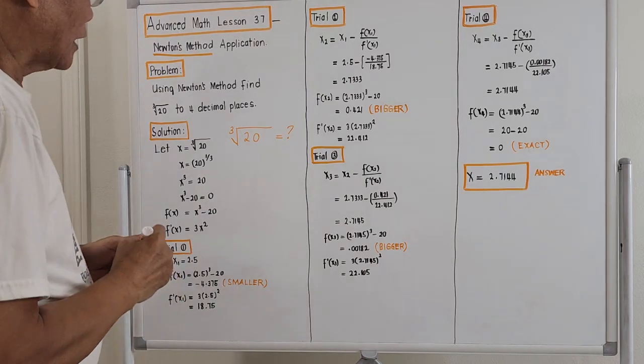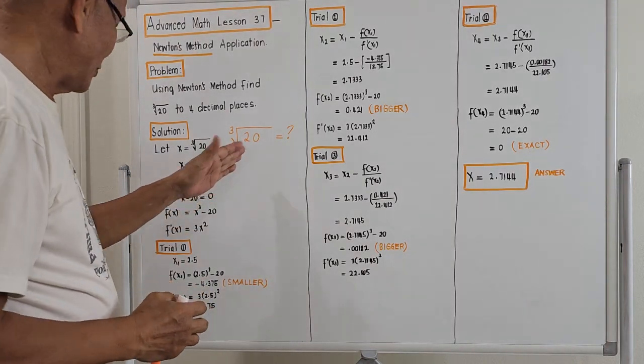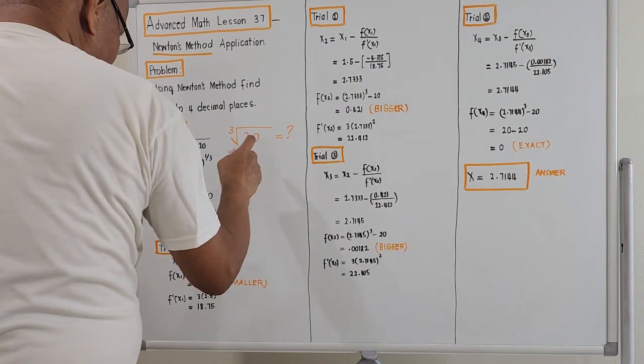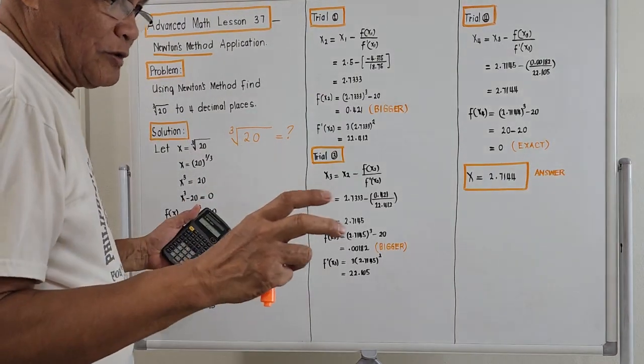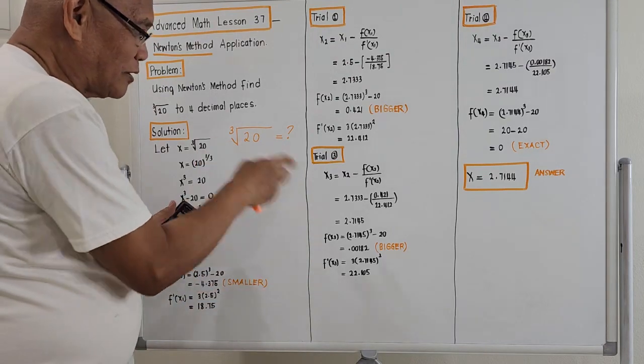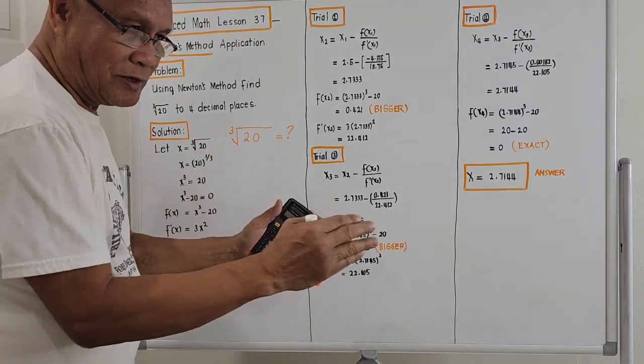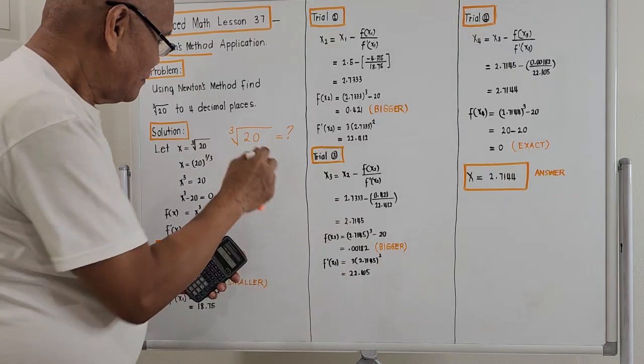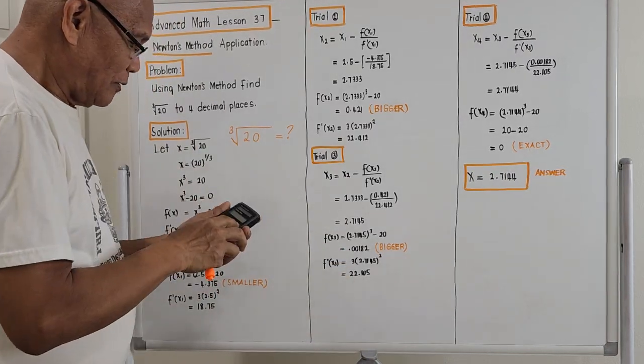Actually, we can take the cube root by using our calculator. Let's check the cube root of 20 before we bring out the Newton's method of solution for taking the cube root of 20.